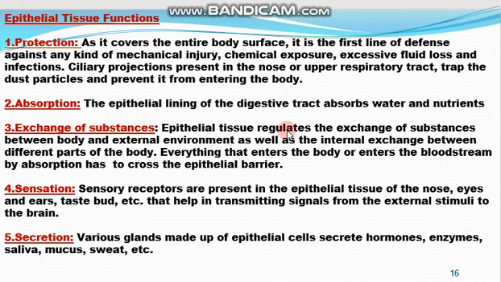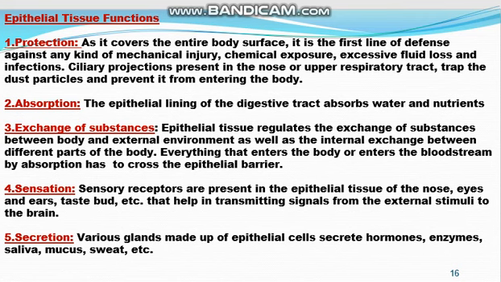Epithelial tissue regulates the exchange of substances between the body and the external environment, as well as the internal exchange between the different parts of the body. And everything that enters the body or enters the bloodstream by absorption has to cross the epithelial barrier.